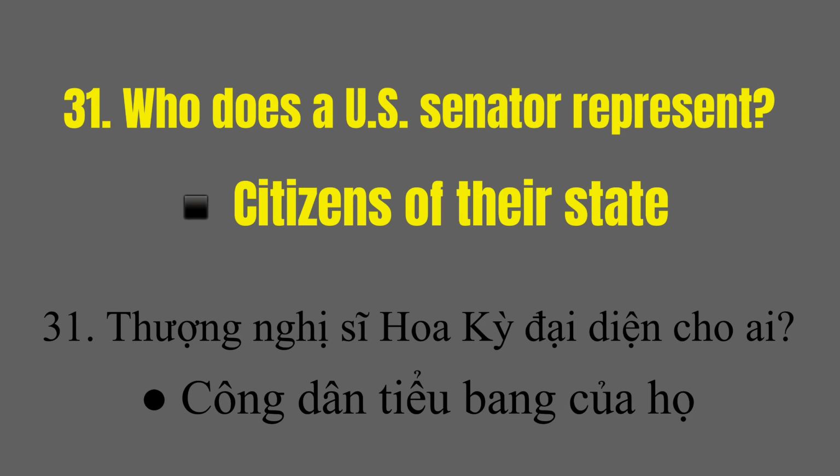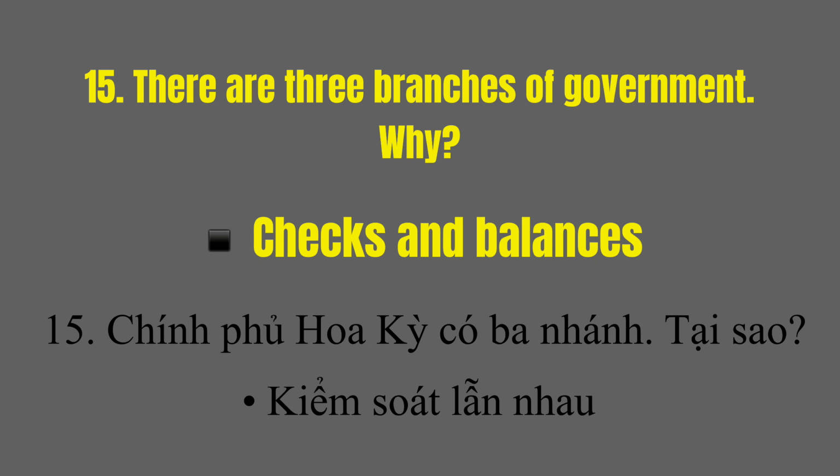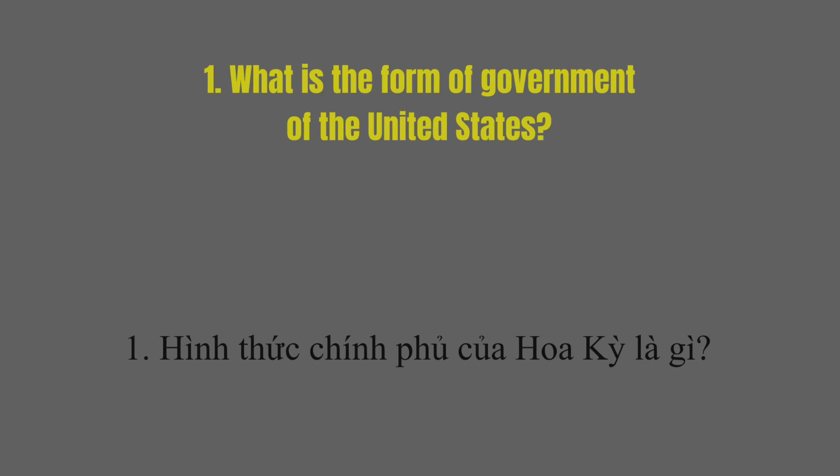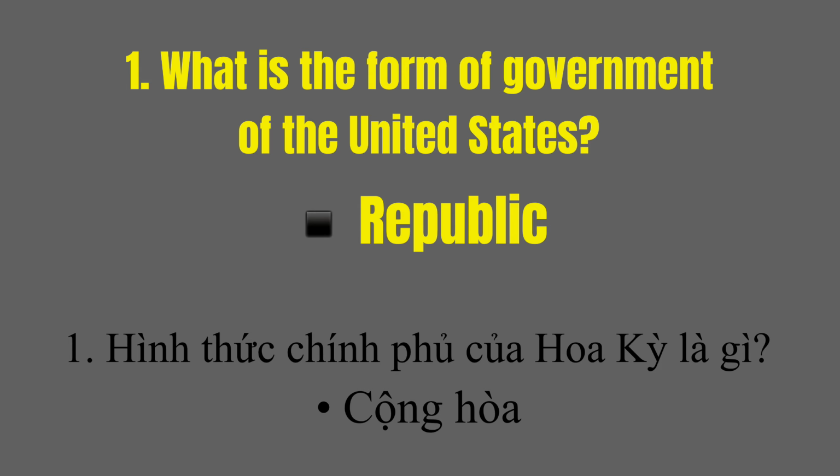Citizens of their state. There are 3 branches of government. Why? Checks and balances. What is the form of government of the United States? Republic.